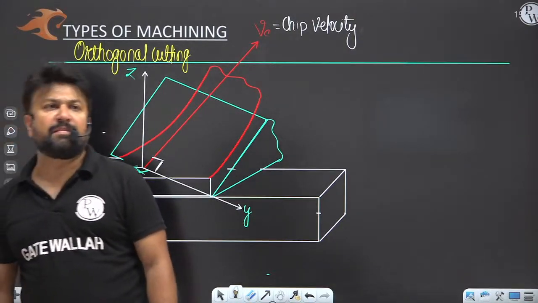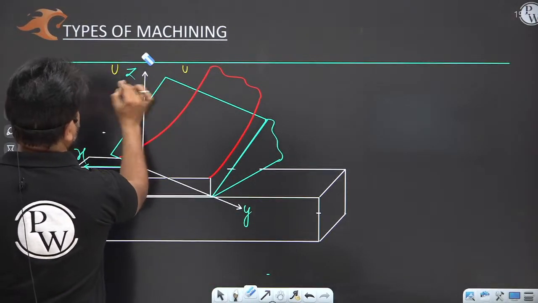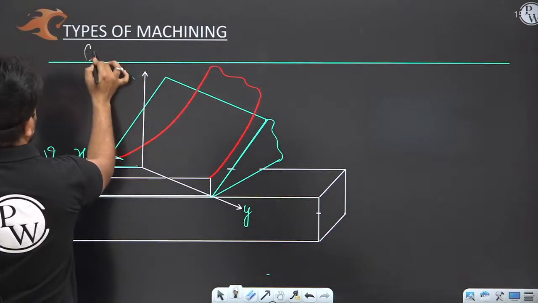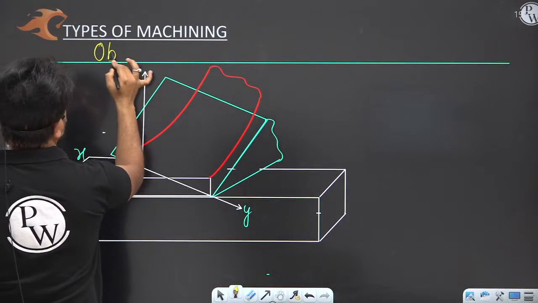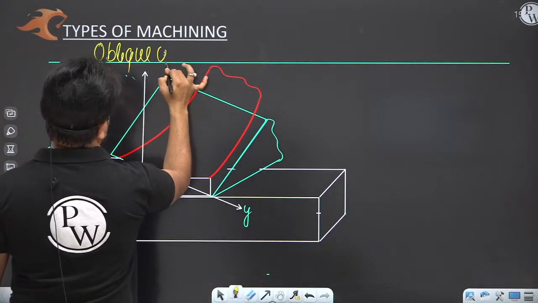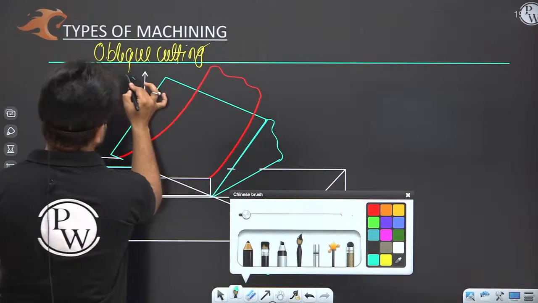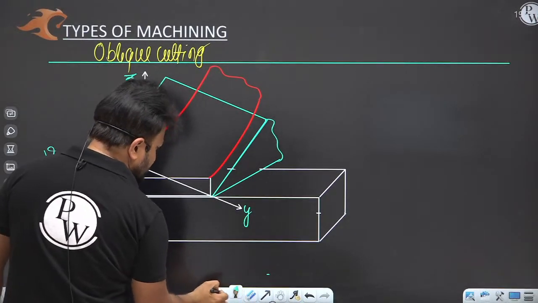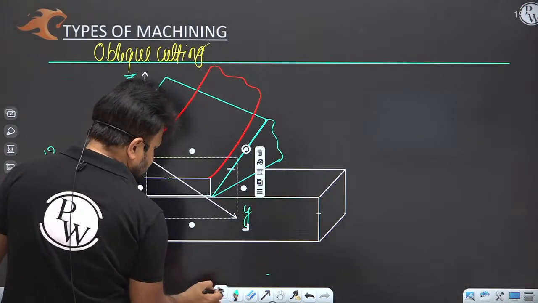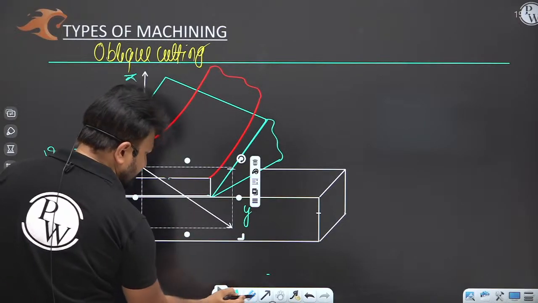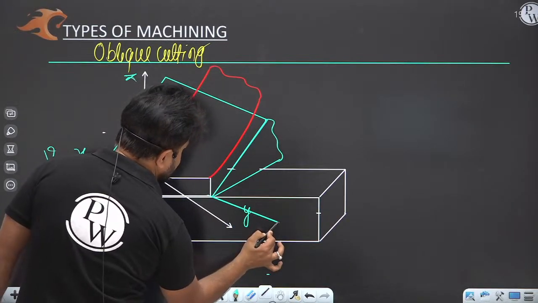Yes or no? My dear, now in oblique cutting, this is the z-axis. In oblique cutting, what is going to happen? Let me show you. This is the y-axis, right? You can see this is the y-axis, and this line is the cutting edge.